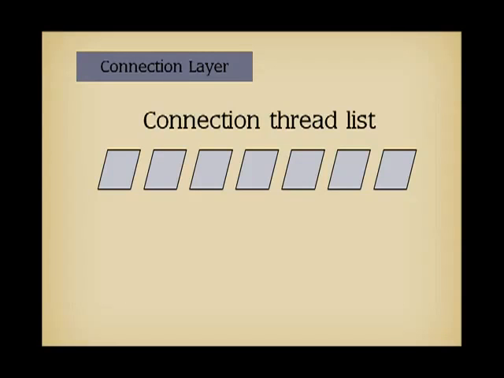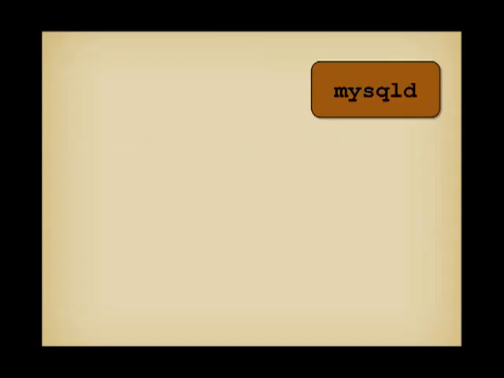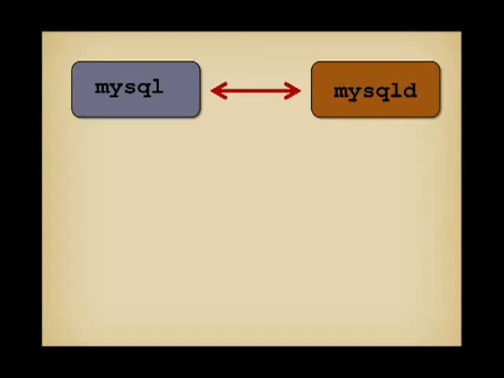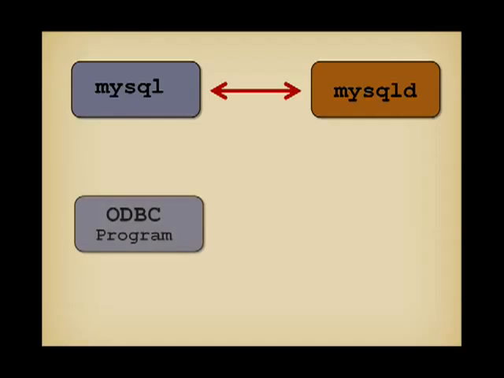Which clients can connect to the MySQL server program? The MySQL interactive client provided with the distribution can connect, as well as any client using either the ODBC or JDBC standard to communicate with the server, as well as PHP.